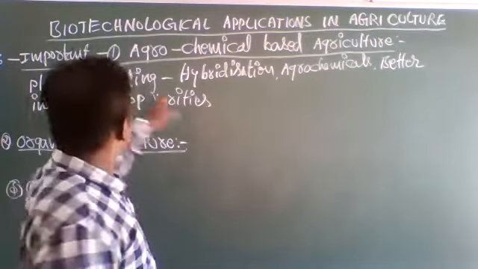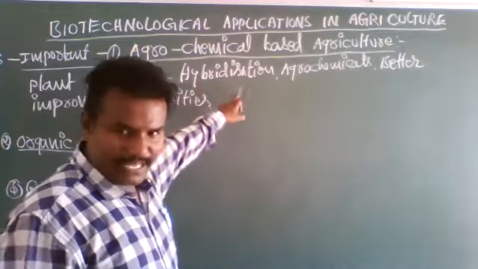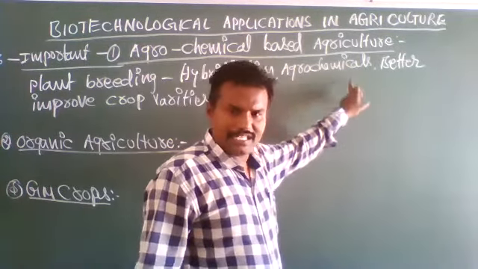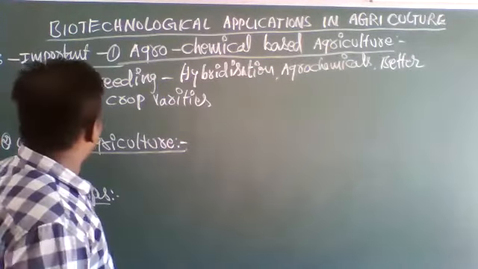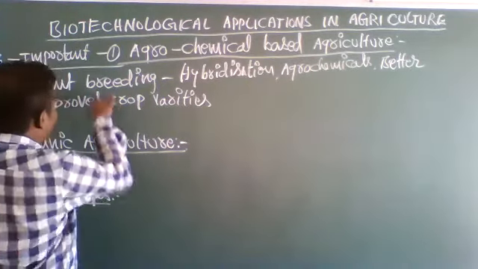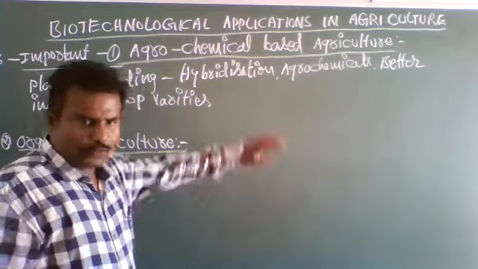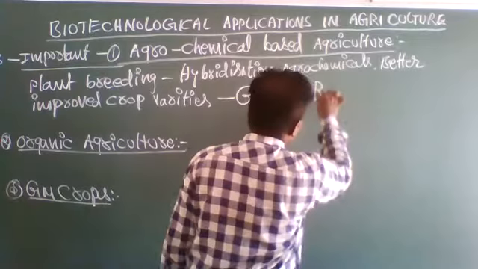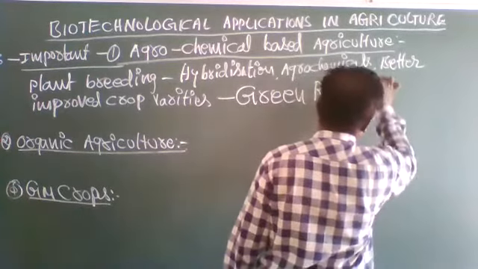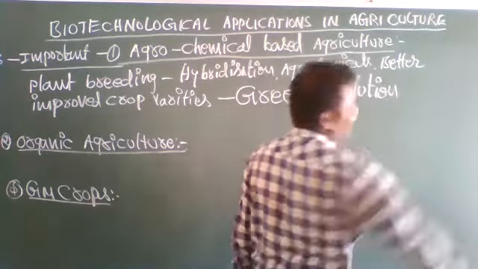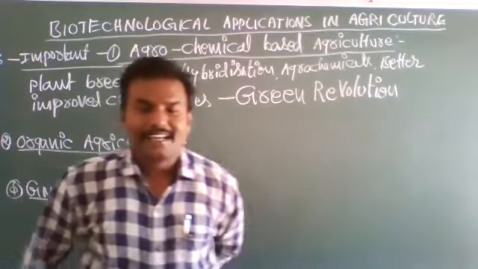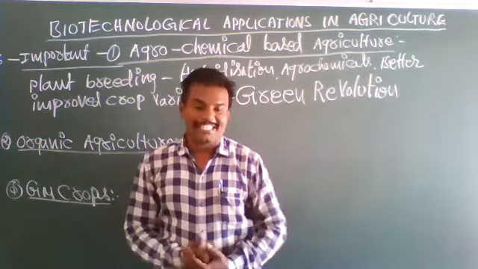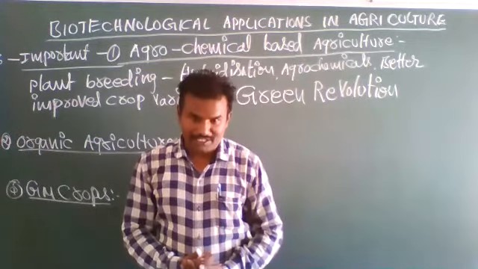Agrochemical based agriculture is made up of plant breeding techniques like hybridization, along with the use of agrochemicals, better management practices, and improved crop varieties, which brought the green revolution and increased food supplies enormously for an ever growing population.